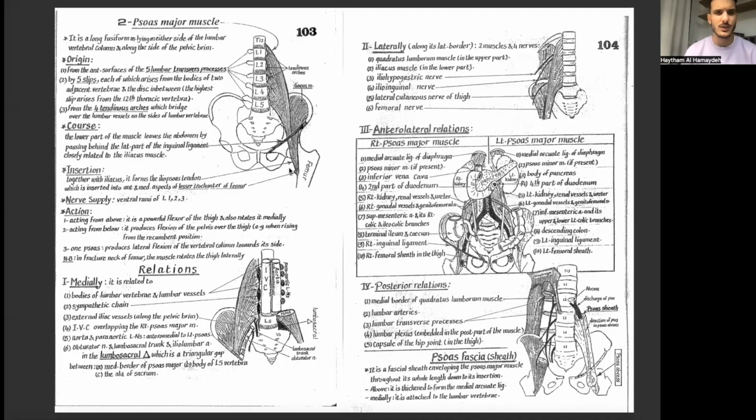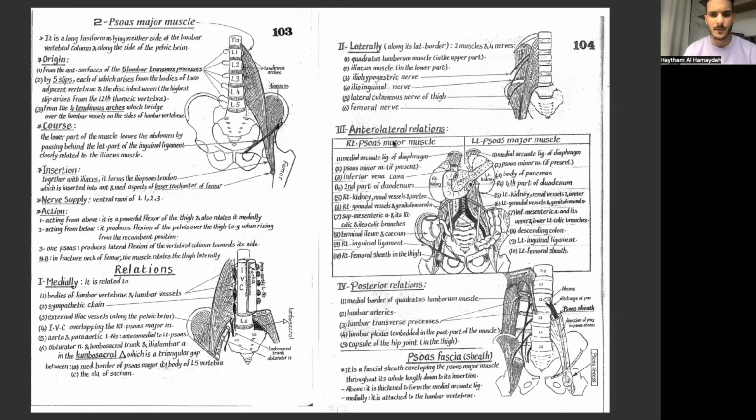I wanted to just hop on here to give you these summaries of what we have talked about. They're very detailed, but I think they're very useful. Here we're first talking about the Psoas Major, remember?